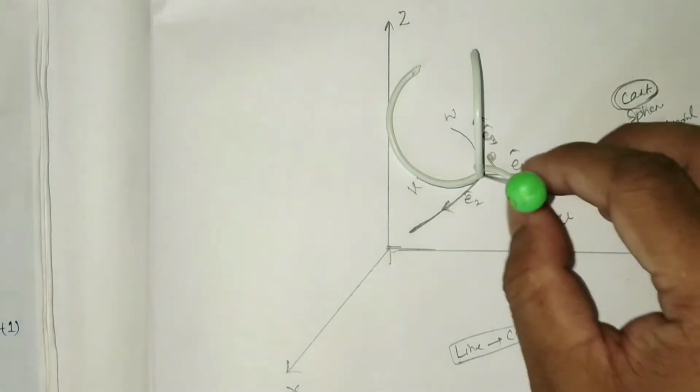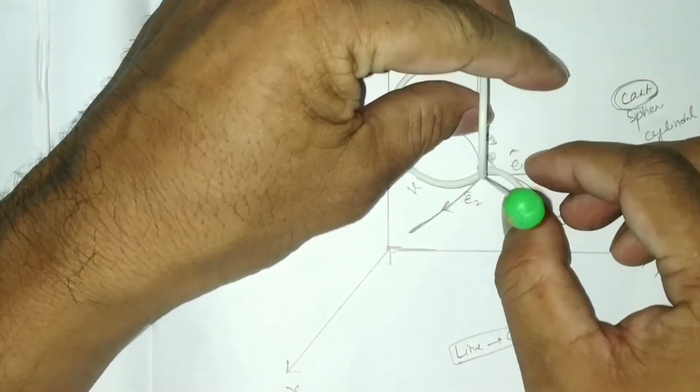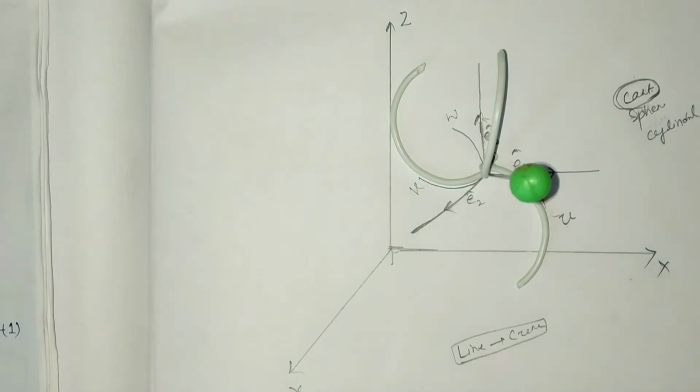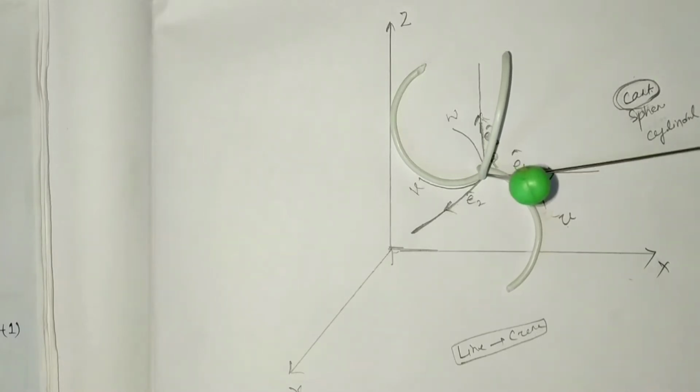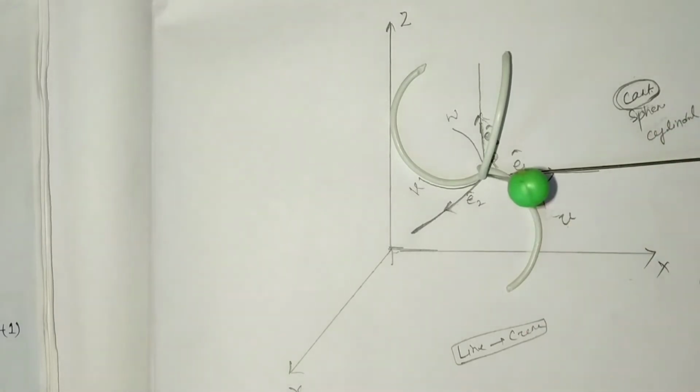In case of Cartesian coordinate system, these curves will be straight lines, right? If this U curve is a straight line, then it will be like this, along the x-axis, or we can say parallel to the x-axis, starting from this point.